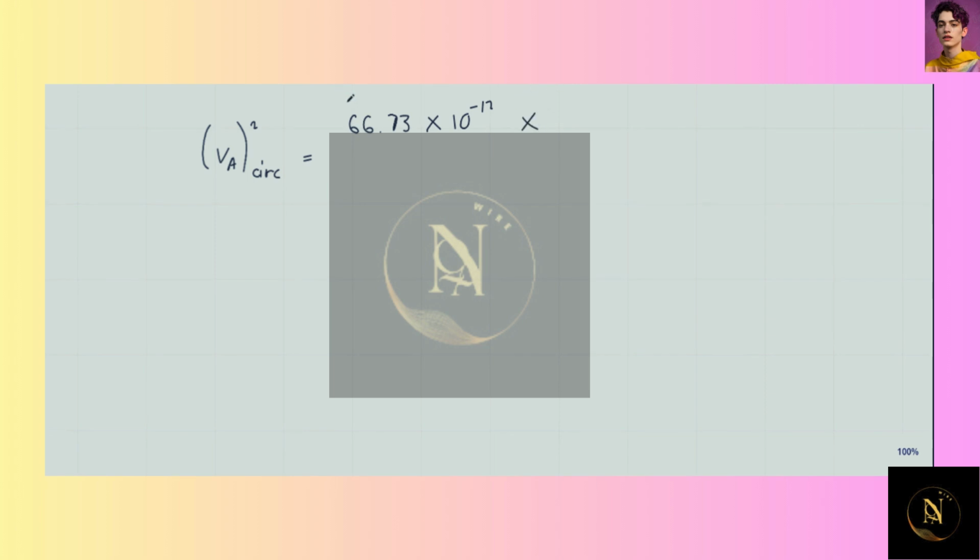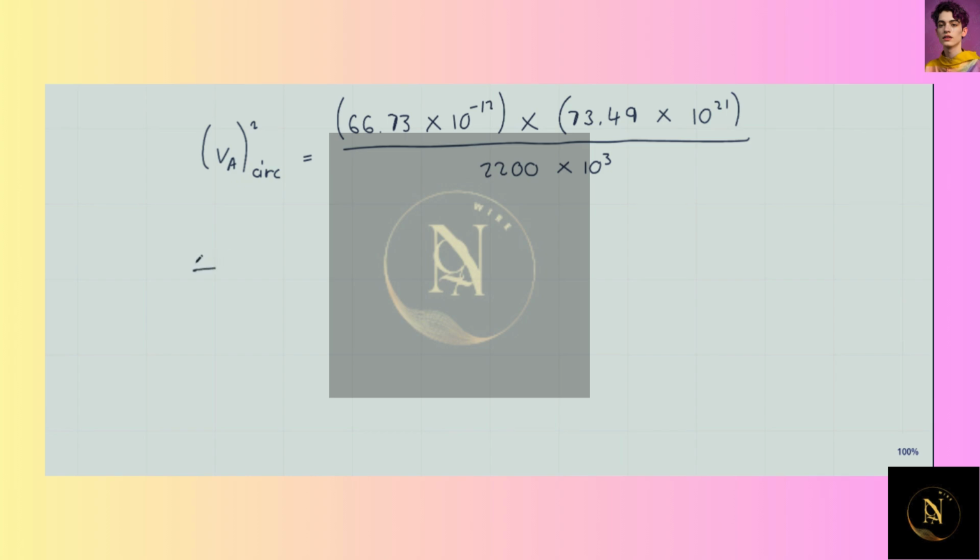So we'll just suppress the units now, times 73.49 times 10 to the 21 kg. So again, that's SI units. That's the mass of the moon over the radius of the orbit for A, which is 2,200 times 10 to the 3 meters.